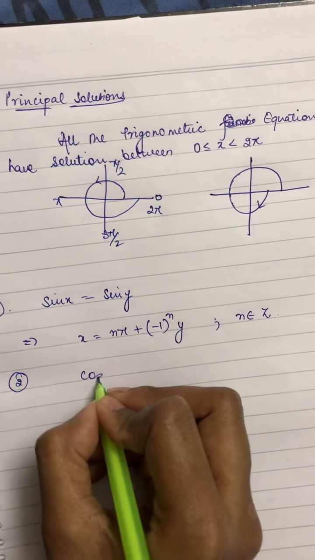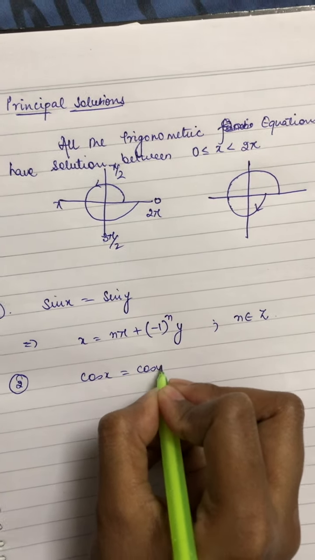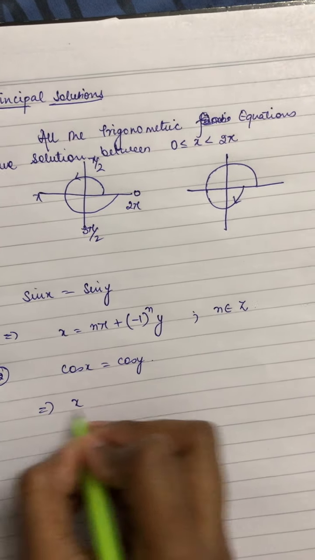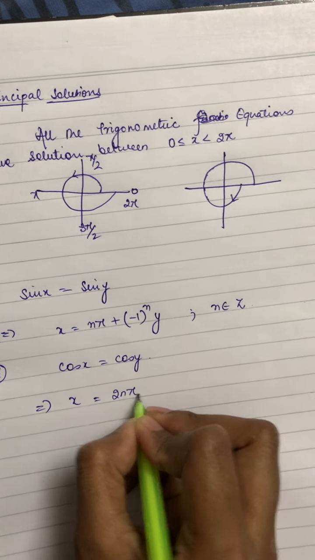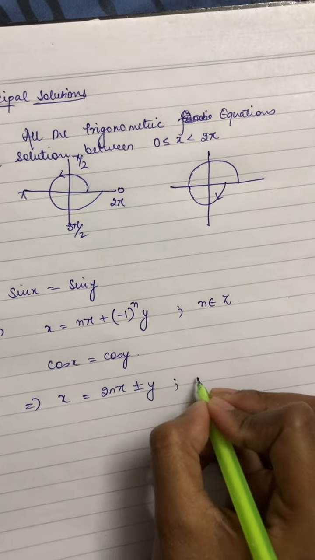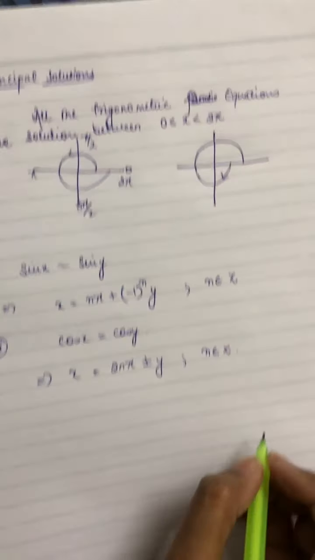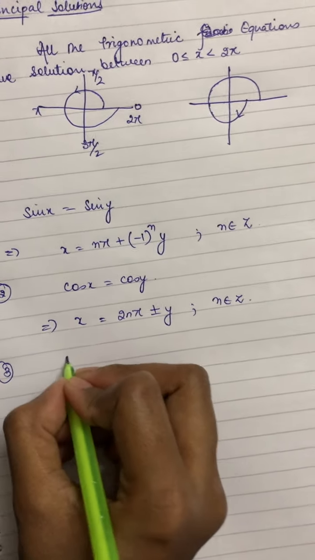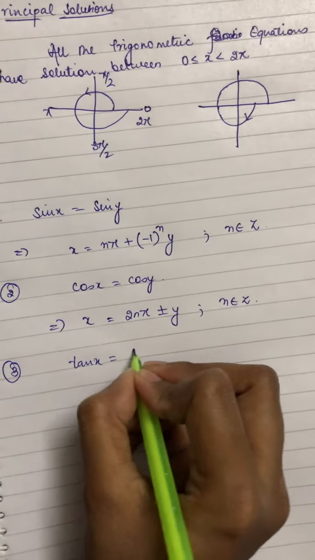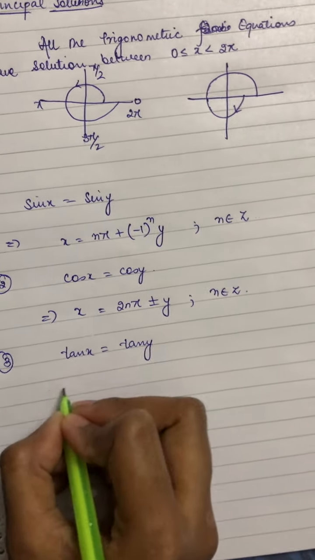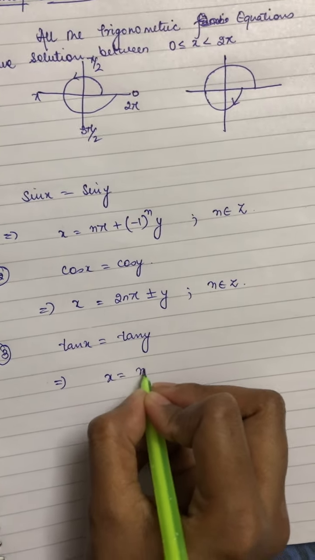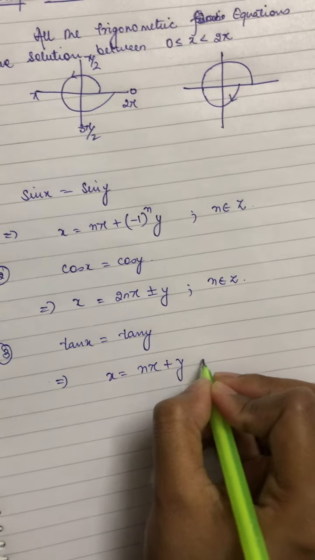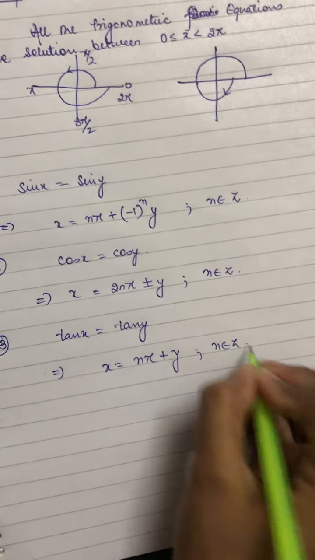Second, cos x is equal to cos y, which implies x is equal to 2n pi plus minus y for all n belongs to the set of integers. And third, tan x is equal to tan y, which implies x is equal to n pi plus y for all n belongs to Z.